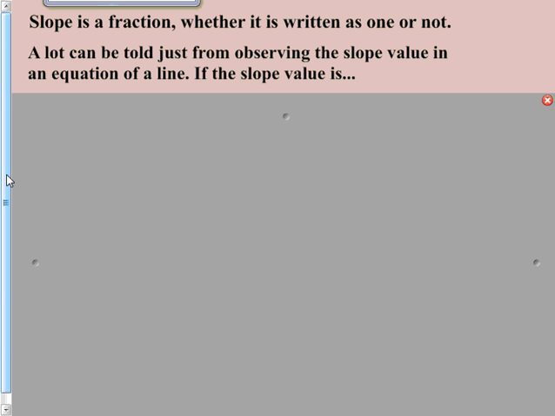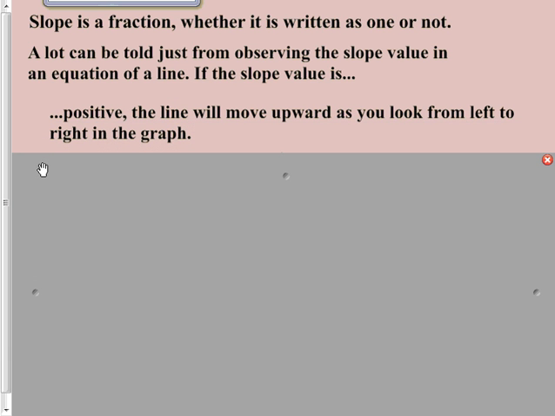Just like any other fraction, the numerator means something to the problem and the denominator means something else to the problem, and a lot can be told just from observing the slope value in the equation of a line. As you have probably seen this year, we're really valuing understanding what those numbers in the equations actually mean. Slope is a value that we can understand if we simply know how to read it.